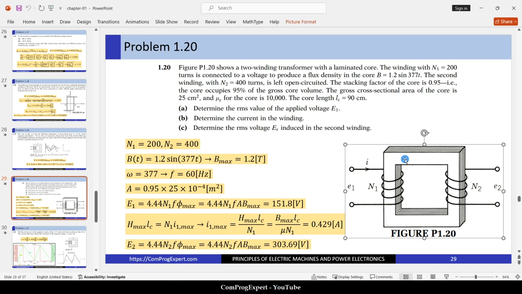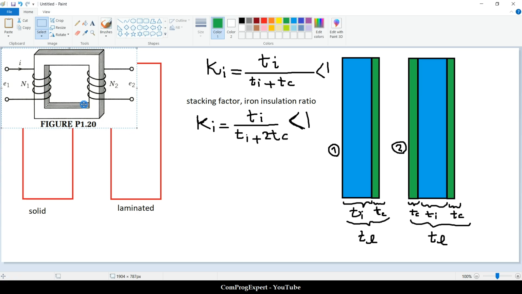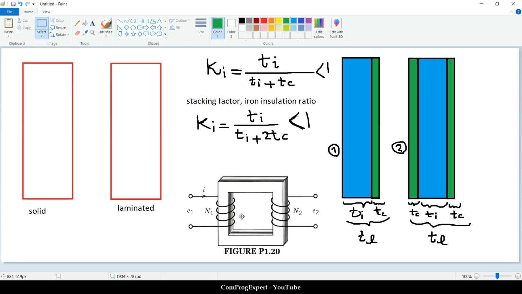Yes, to calculate the reluctance of this core, for example, we need to calculate the cross-section area of the core. We use this equation: the reluctance is equal to L divided by the permeability times A. The A is the area of the net iron.